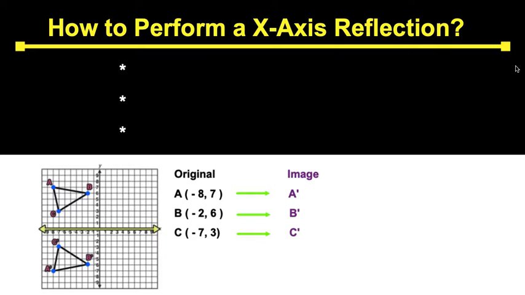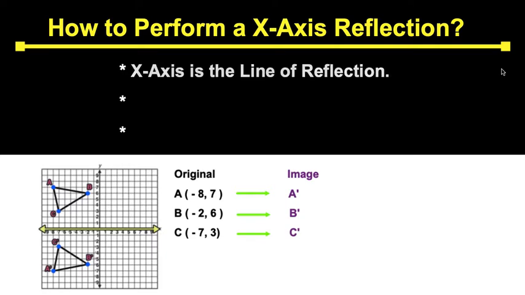So as I mentioned, when you have an x-axis reflection, the x-axis will be the line of reflection. If you take a look at the diagram in the lower left corner, you'll notice that the x-axis is accented in yellow. That will be your line of reflection.